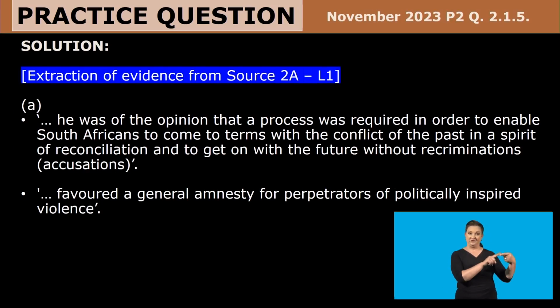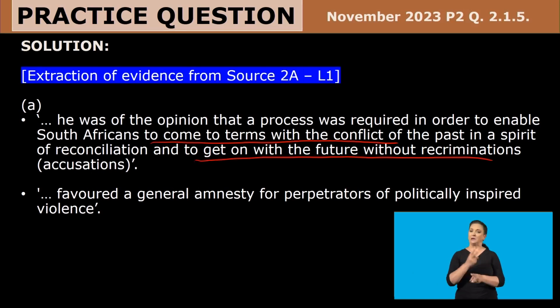Now let's look at possible response from that question. Now, the first one is de Klerk. De Klerk was of the opinion that the process was required in order to enable South Africans to come to terms with the conflict of the past in a spirit of reconciliation and to get on with the future without recriminations or accusations. Remember, I did underline that when we looked at the source.